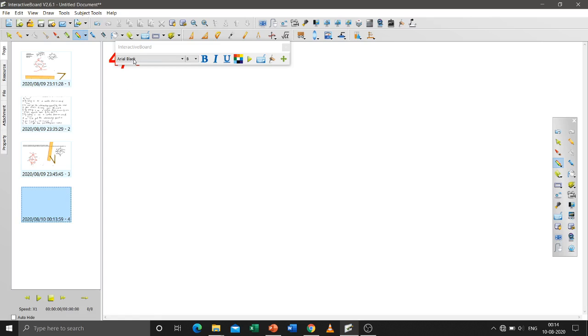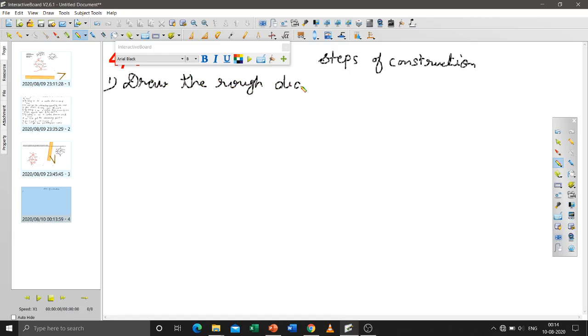Now, let us see the steps of construction. First step, draw the rough diagram of ABCD. Join the diagonals.